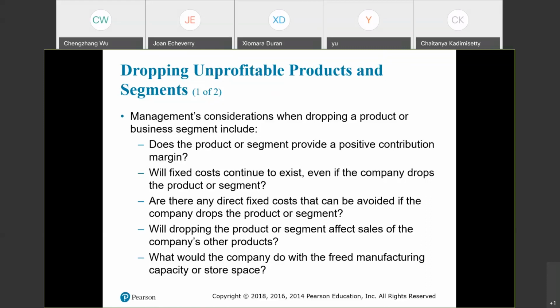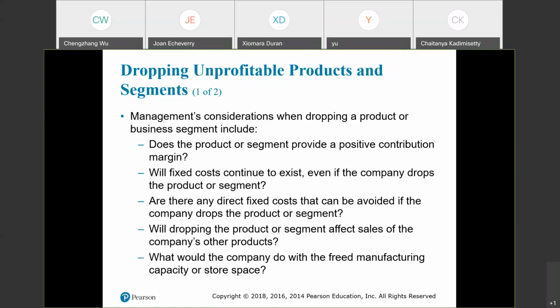Will fixed costs continue to exist or not when the company drops this product? Third, are there any direct fixed costs that can be avoided if the company drops the product or segment? Will dropping the product or segment affect sales of such product or service?